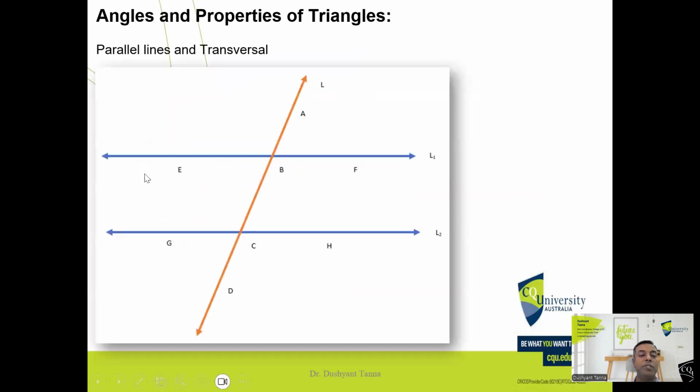Parallel lines and a transversal. When 2 lines like L1 and L2 are parallel, as you can see, this line L is called the transversal. It cuts both lines at some point. I label the points A, B, C, D, E, F, G, and H. We have three sets of angles being formed.